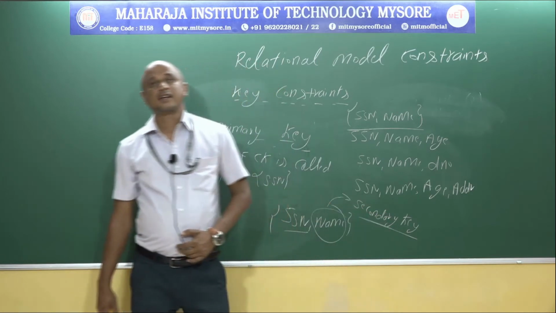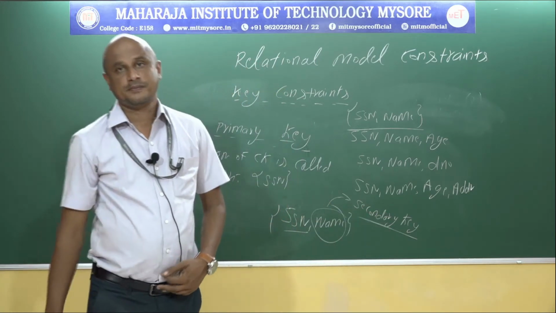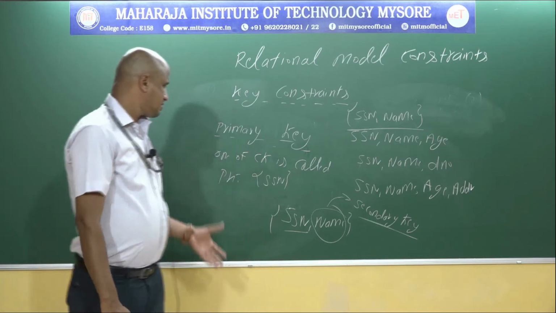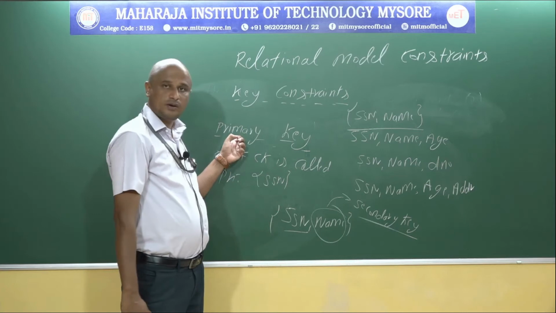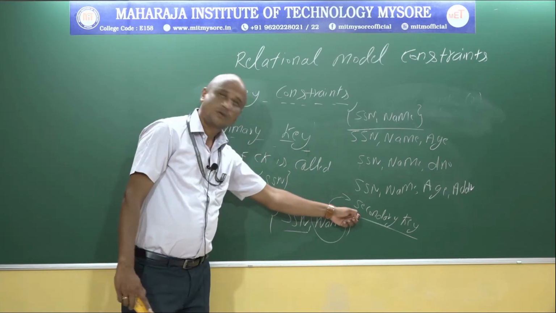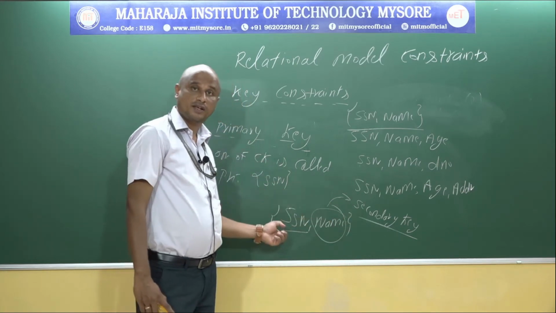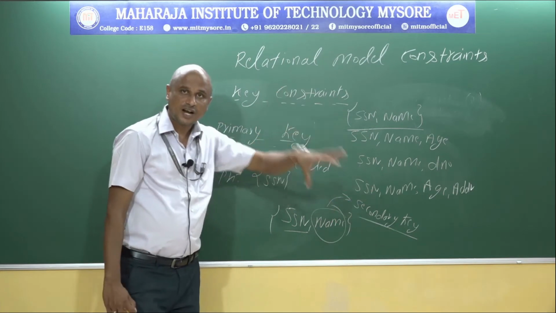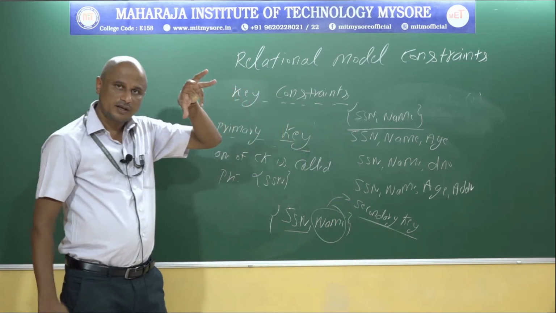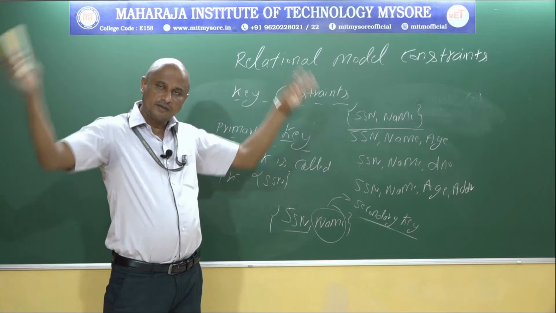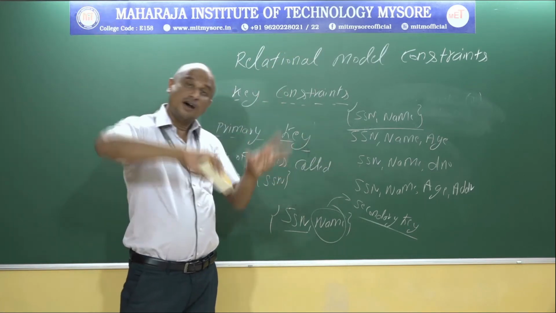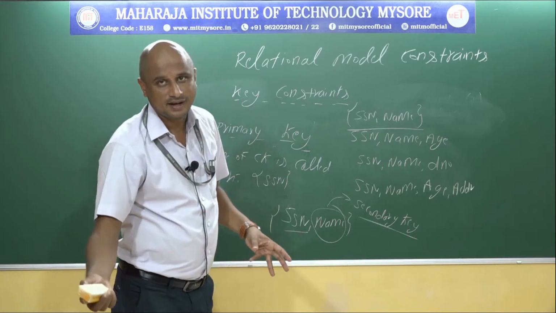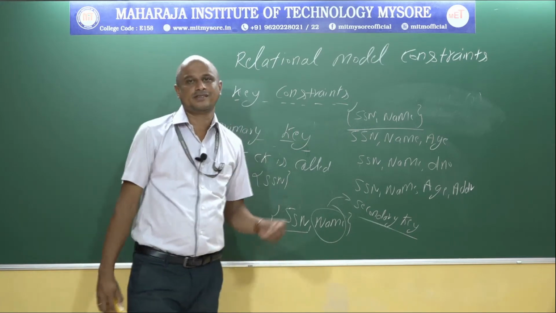So this is what the keys tell us, right? We started with the super key, tried combinations, then came to the minimal set, then one of the candidate keys is called the primary key, and the others are called secondary keys. What a simple way to start, right?